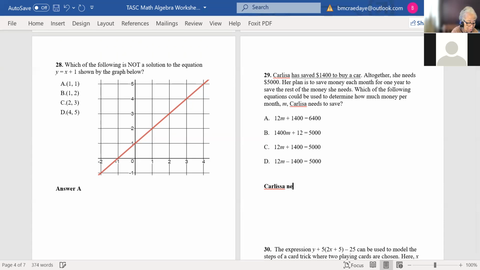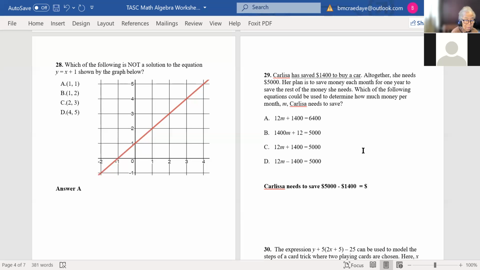Carissa needs to save. Well, she needs $5,000, right? She needs to save $5,000 minus the $1,400. That's right. What does that equal to, Maureen?